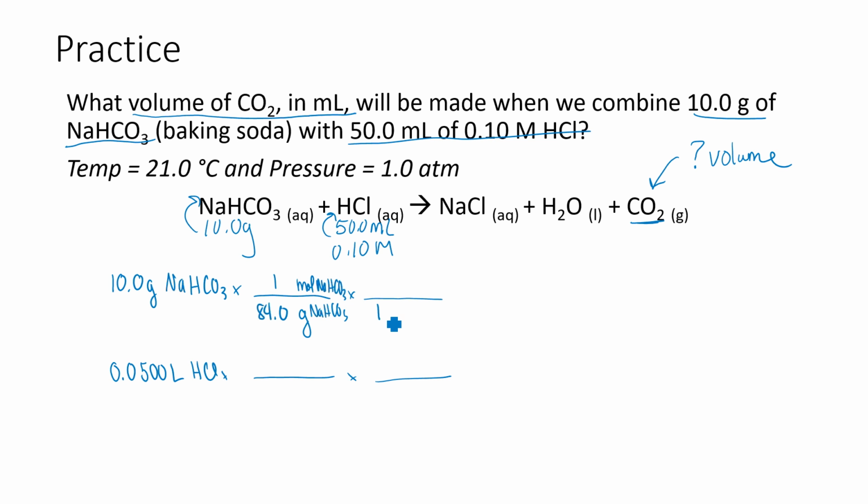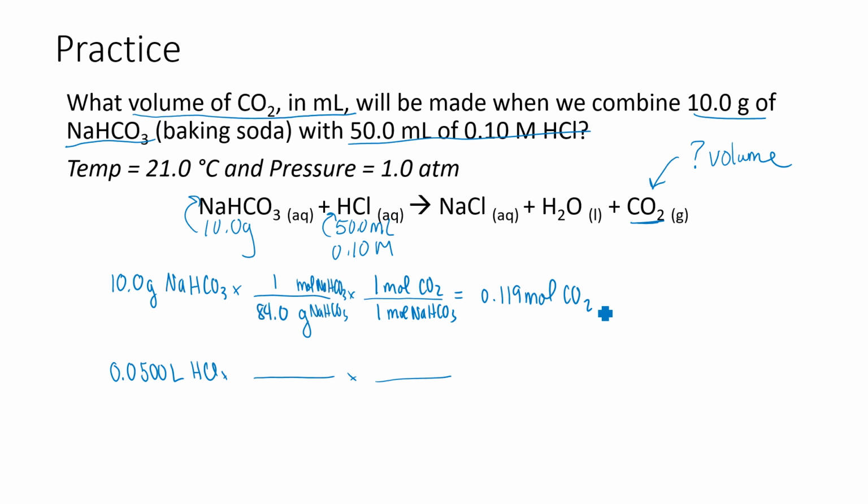It looks like it's a 1-to-1 ratio. This problem's a little easier because everything's a 1-to-1 ratio here. Then I'm going to plug that in my calculator: 10 divided by 84. I've got 3 sig figs here. So I have enough baking soda to make 0.119 moles of CO2.